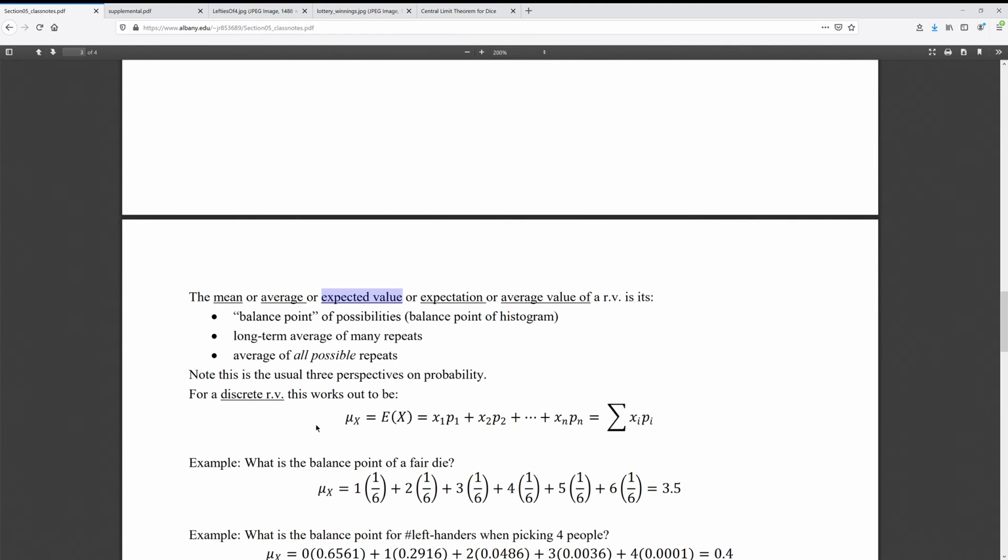Those are the things you could get. If I rolled the die and got 3.5, I would be stunned. It literally makes no sense. It's not expected, and it's not a value. What it is, it's an average, right? It's the average of many rolls. A die cannot land 3.5. It is in no sense expected, nor is it a value. Nevertheless, people call it that.